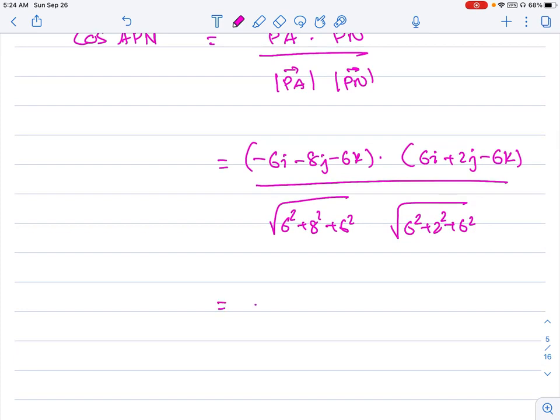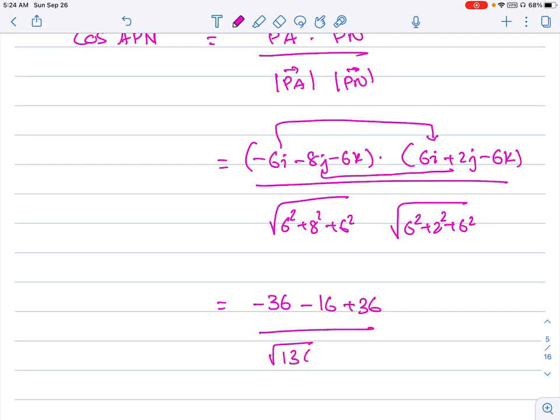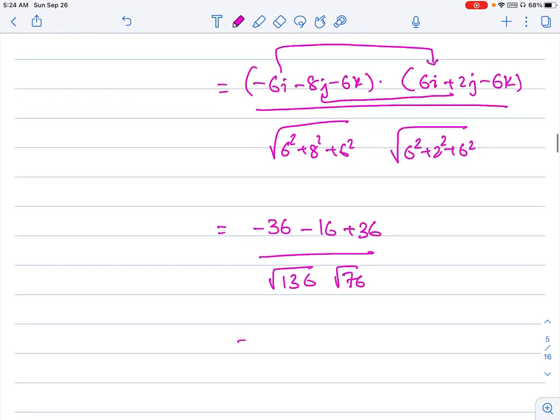So this becomes 6 times 6 is minus 36, then minus 8 times 2 is minus 16, and minus 6 times minus 6 is plus 36, upon square root of 136 times square root of 76. So that becomes negative 16 upon square root of 136 times square root of 76.